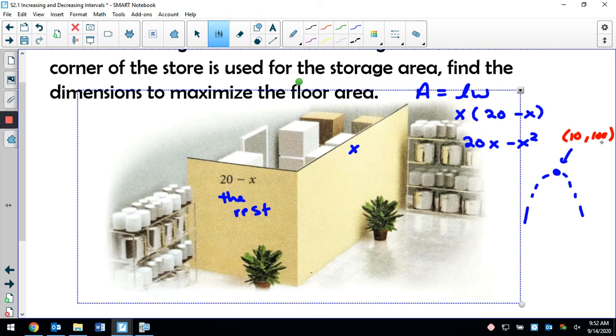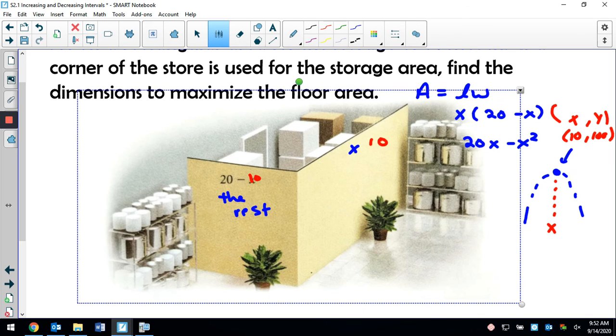So what does that mean? That means the x value is 10 and the y value is the area, right? Not the other dimension. Well, it is the other coordinate. It's x and y. It's not the other dimension. That's what I meant to say. If this side is 10, then what is this side?